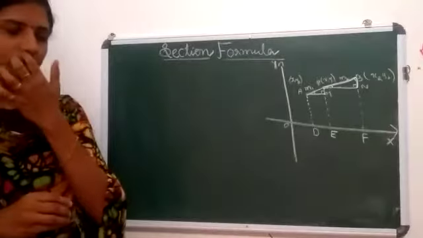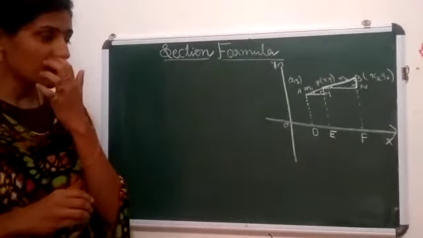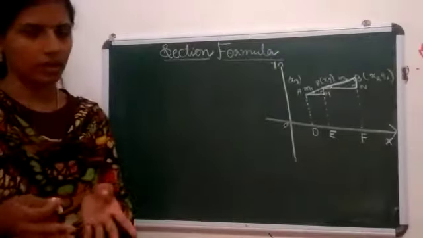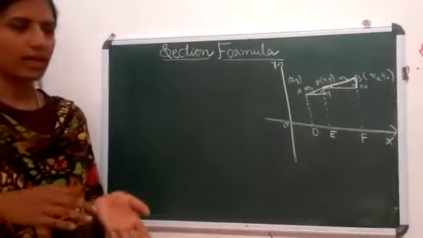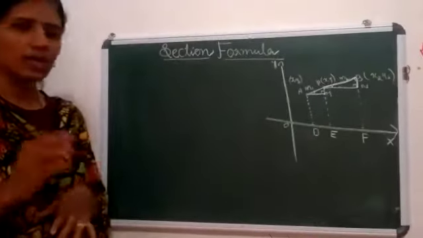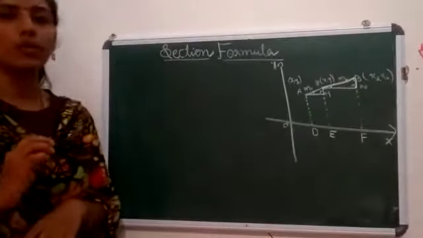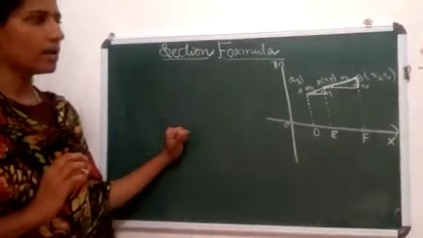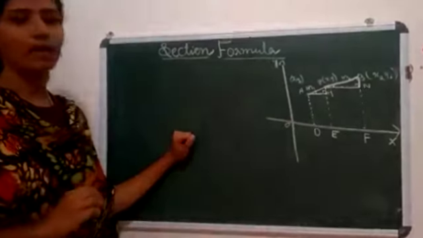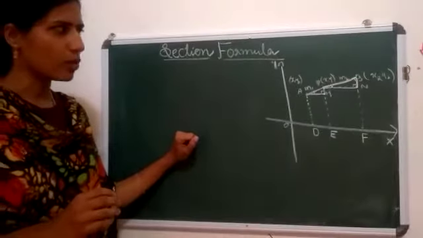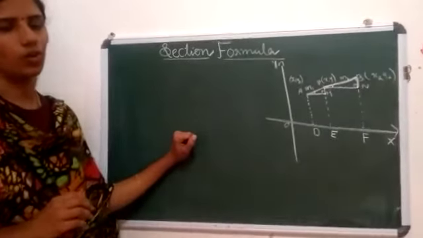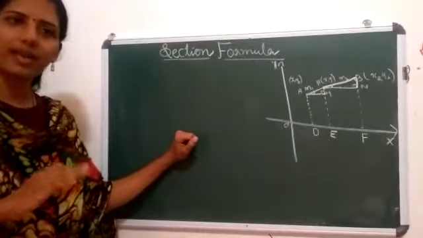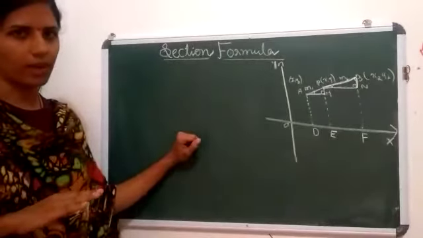Both angles are same. So according to similarity criteria, that similar triangles you have not studied, we will discuss the condition later. So there is one condition for similar triangles. If 2 triangles are said to be similar, their corresponding angles should be equal and the corresponding sides are in the same ratio. That is the condition for the similarity of triangles that we will study in detail in our 6th chapter, triangles.